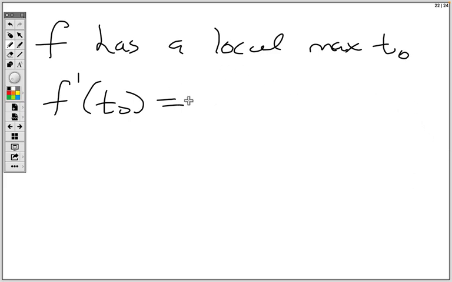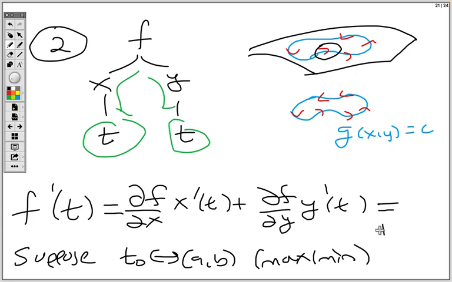Yeah, first derivative is 0. All right? So that means that if I look at this expression, when I plug in t equals t naught, that's going to be 0.